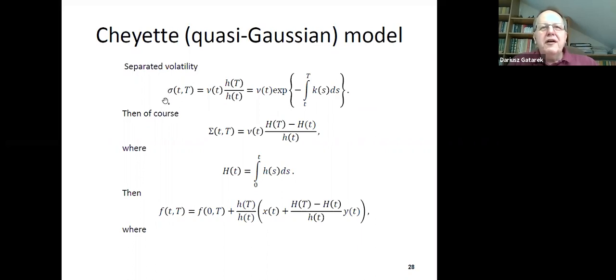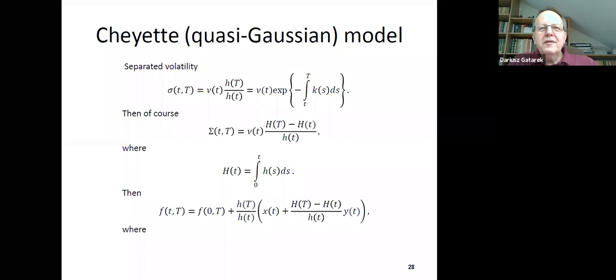We put an integral here from t to capital T. So we get the capital sigma, which is the integral of, we integrate with respect to capital T. So V of t remains unchanged, and ht is replaced by its integral.